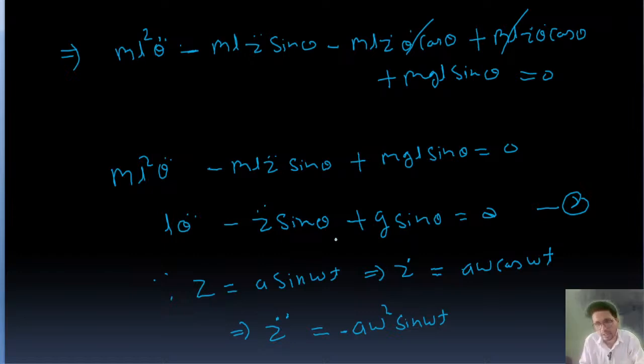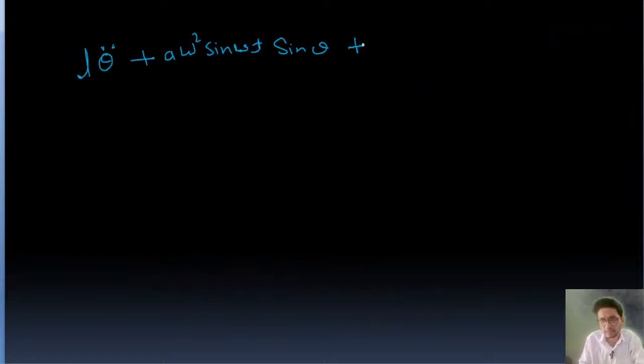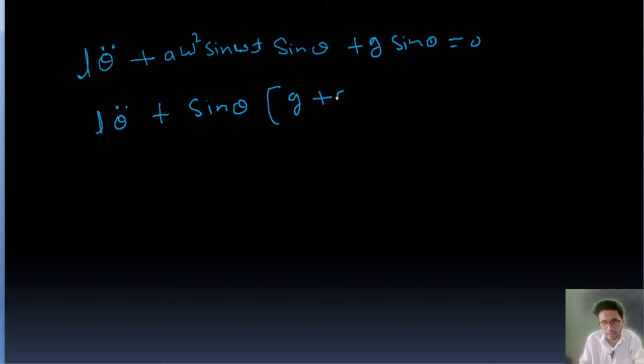And plus g sin theta equal to 0. Or we can write l theta double dot, taking sin theta common, as l theta double dot plus sin theta times g plus a omega square sin omega t equal to 0. So this is the equation.